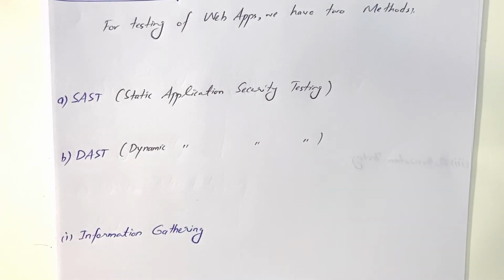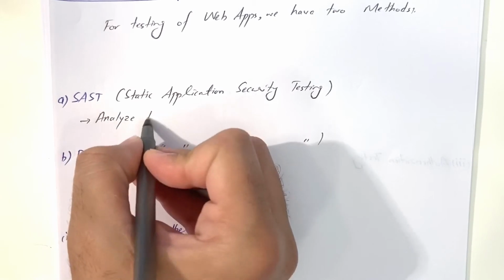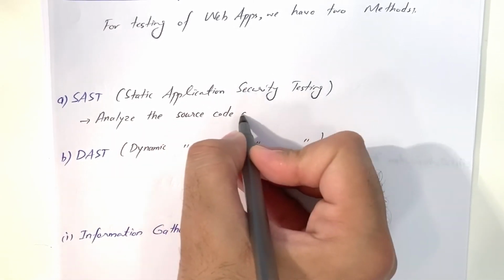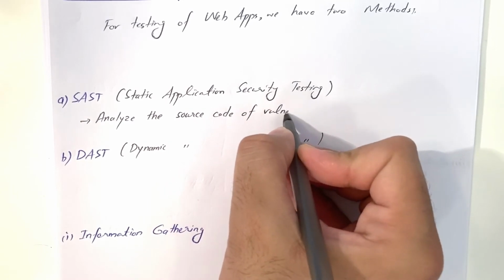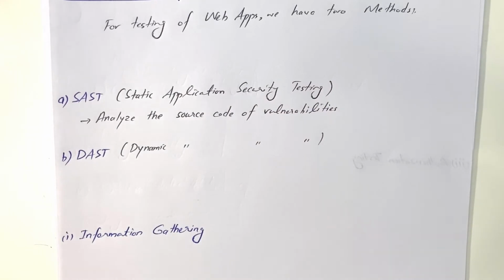So SAST is basically where we analyze the source code of an application for vulnerabilities. It is more technical, like we analyze the source code for vulnerabilities, if the source code is available to the attacker.